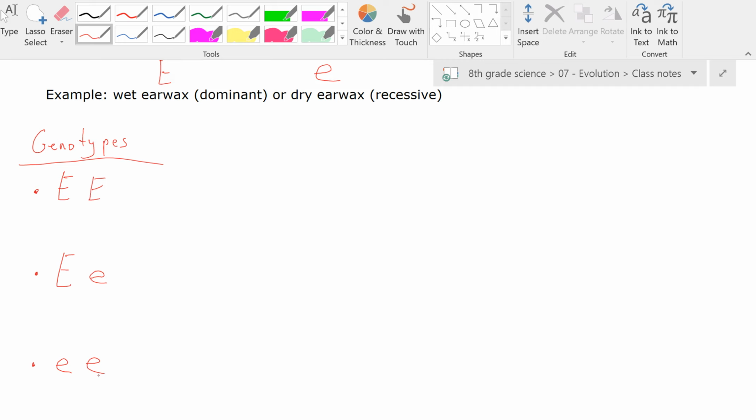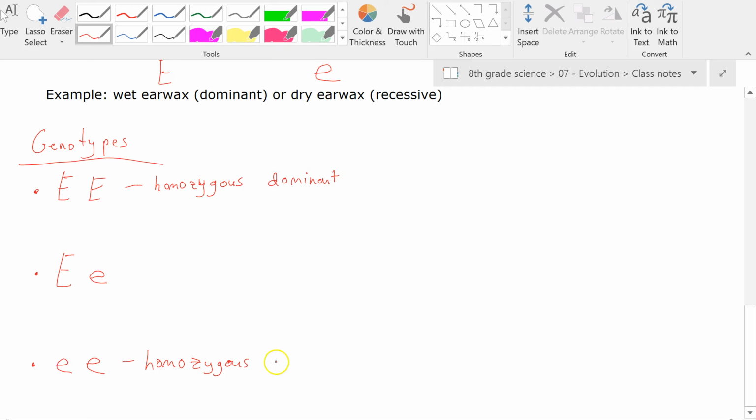These also get named. So the ones that are the same, we call those homozygous. So we have two of the same kind of letter. Homozygous, homo meaning same, and then zygous refers to your genes. Homozygous down here also, so two little letters. And then up on top, because it's two of the big letters, the dominant ones, we'll call that homozygous dominant.